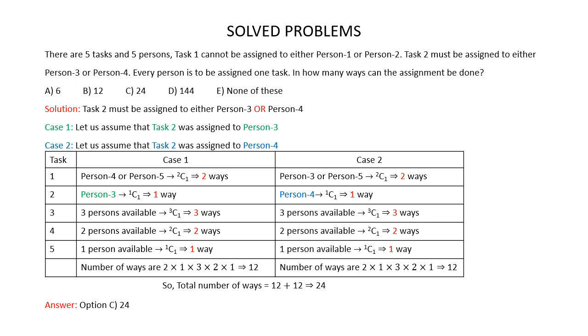So for task 1, one person has to be selected out of these two persons, and this can be done in 2C1 ways, which is nothing but 2 ways.